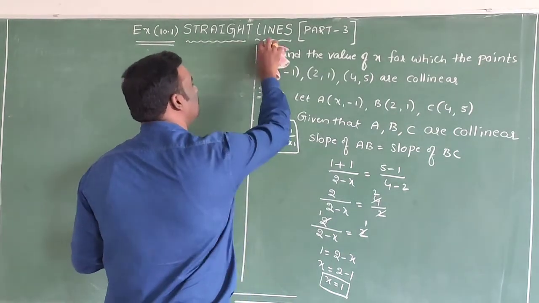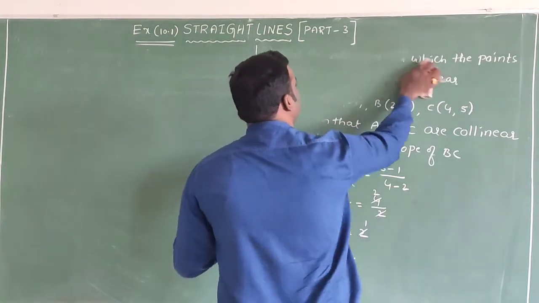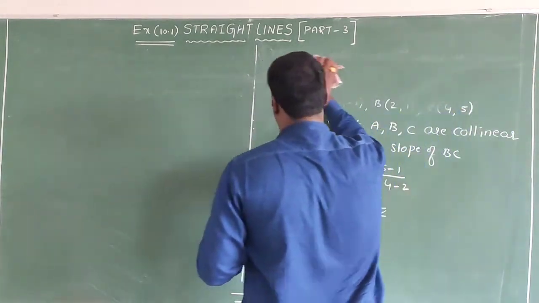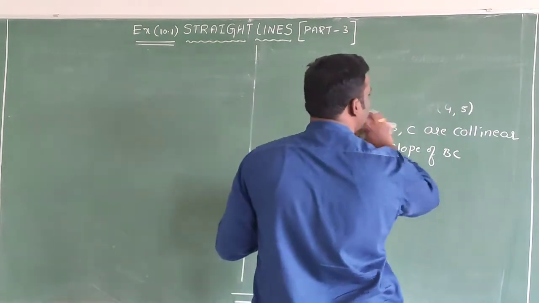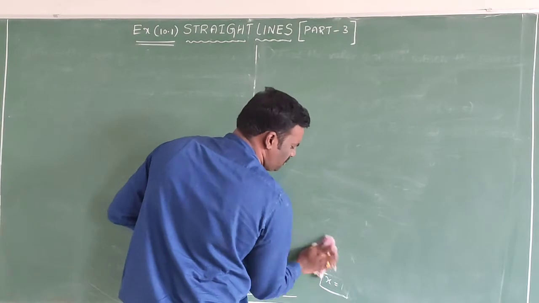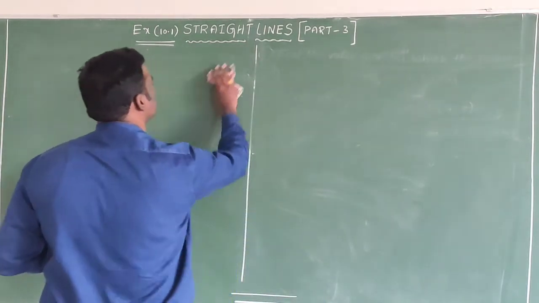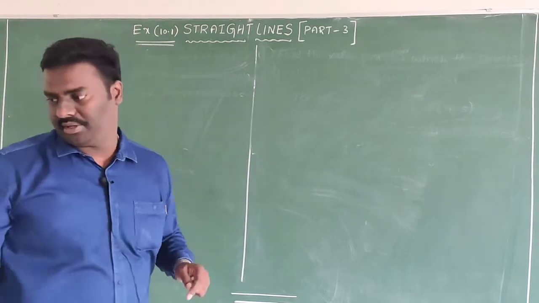One more definition: if A, B, C are collinear, then the area of the triangle will be 0. So, you can apply any of the definitions for getting the x value. Here I used the concept slope of AB is equal to slope of BC.